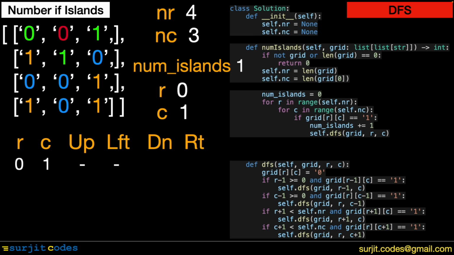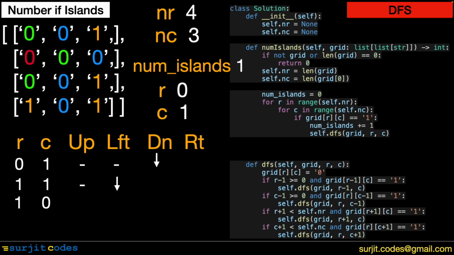Down cell is present and its value is 1, which becomes a new pivot, and we call DFS for the new iteration. It is replaced with 0. Its upper cell is 0, so we skip it and process its left cell, and 1 0 becomes the pivot.